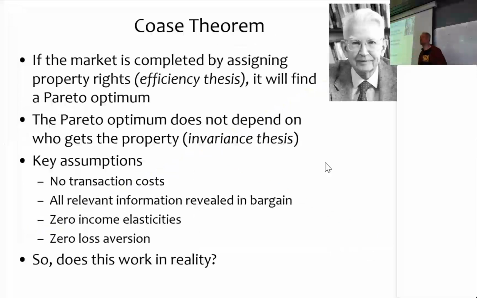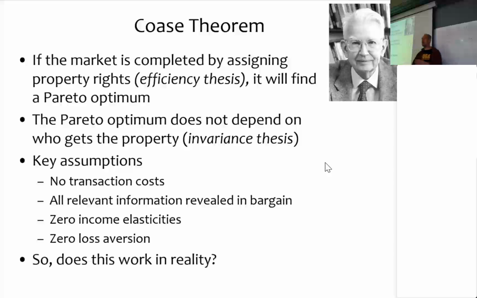And we have zero loss aversion, or no status quo bias. That is the sort of stuff of Kahneman and Tversky, right? That as soon as you allocate property rights, then people start attaching additional value to those things. And this particular assumption has been shown to be wrong, very, very wrong, right?